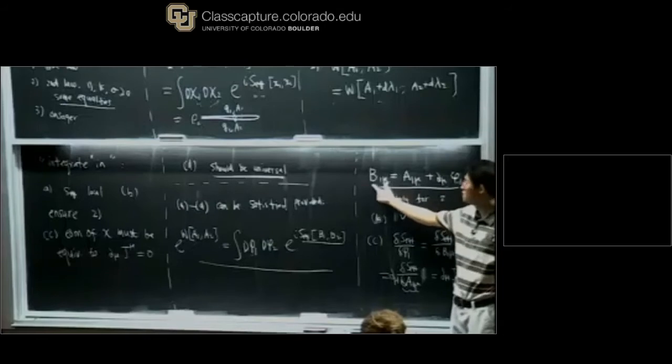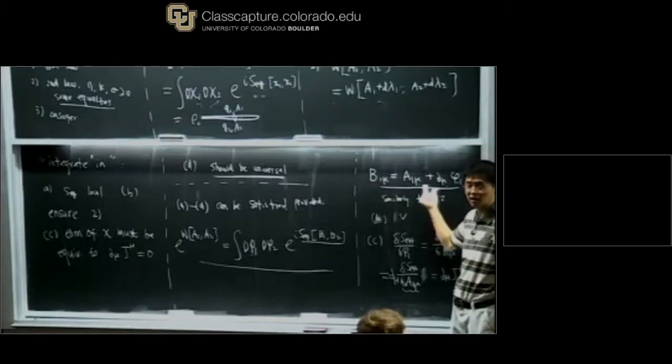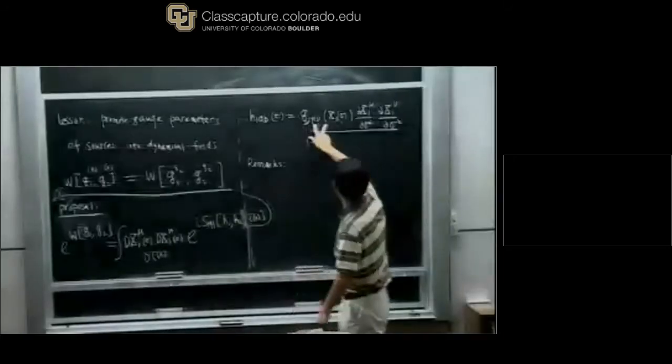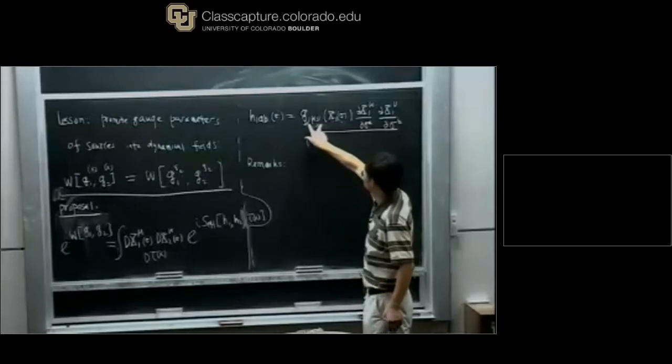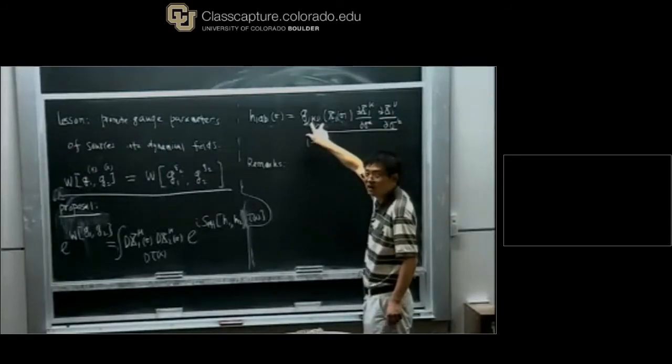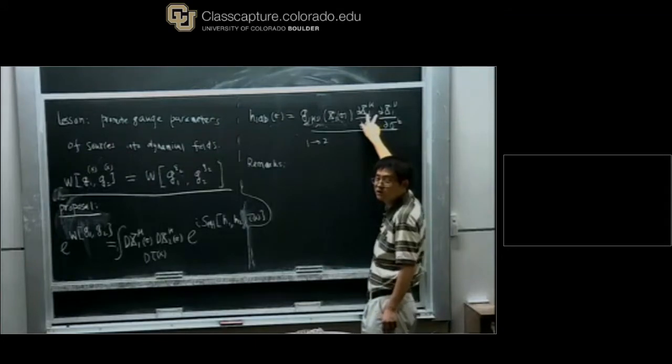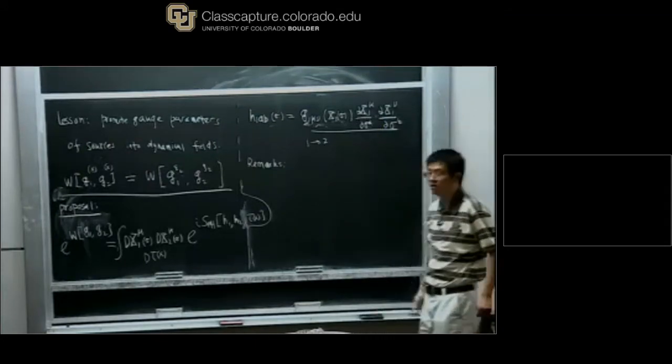So B is invariant under the gauge transformation of A if I transform phi simultaneously. So this H has a similar feature. When I make a diffeomorphism in G1, that diffeomorphism can always be absorbed into X. And so that's precisely the analog of that.